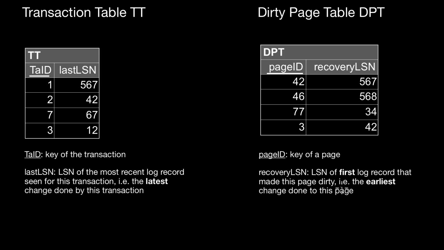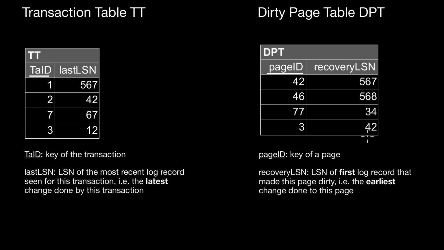What happens in the algorithm is whenever we see a page that's not yet in this dirty page table, we put an entry there and put also the entry of the corresponding log record. Which also implies that if there's a second change to that page, there is no update to this number here. This is the first change to this page that was done, and we keep it at all times.